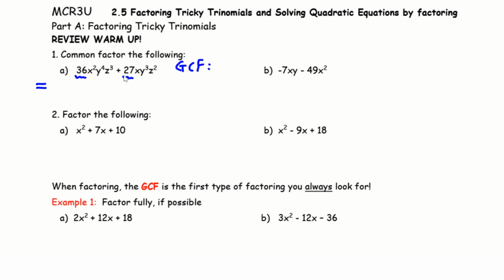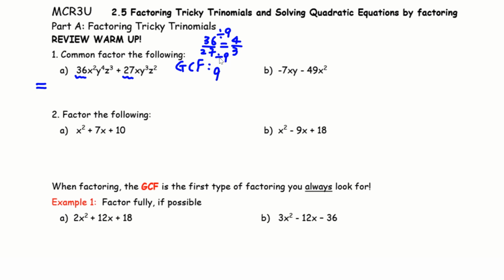So 36 and 27, both of them could be divided by 9, or you could use your calculator, just type in 36 over 27. If you have the fraction button, then it will give you 4 over 3. Then 36 divided by 4 gives you 9. So you know that both of them have a common factor 9, and that is your greatest common factor.